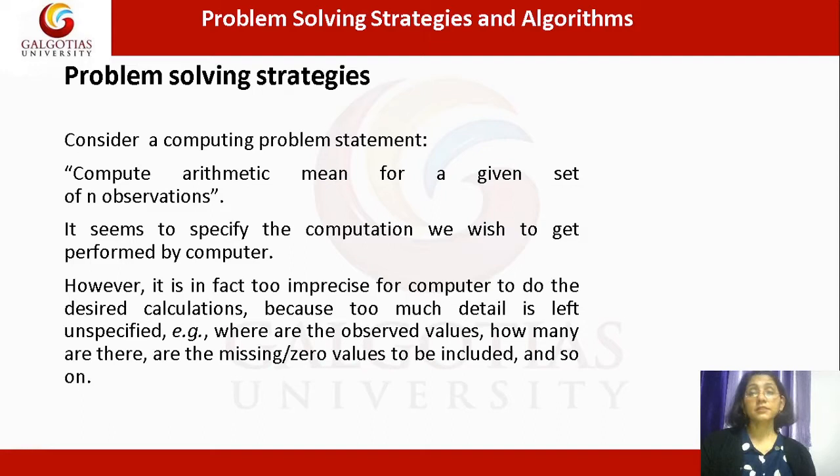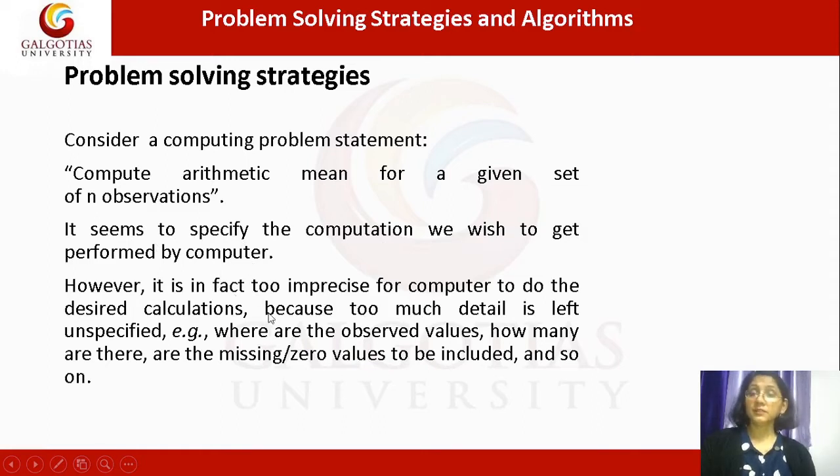Consider a computational problem statement like compute the arithmetic mean for a given set of observations. It seems from the problem statement itself to specify the computation which we wish to get performed by the computer.